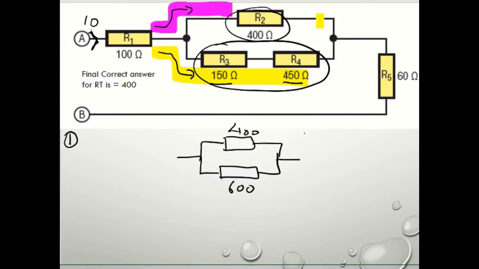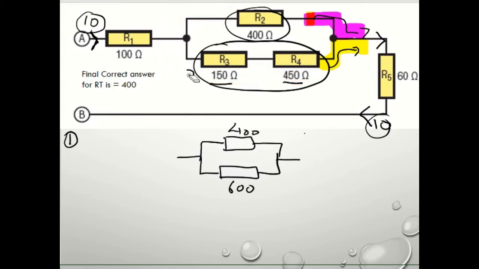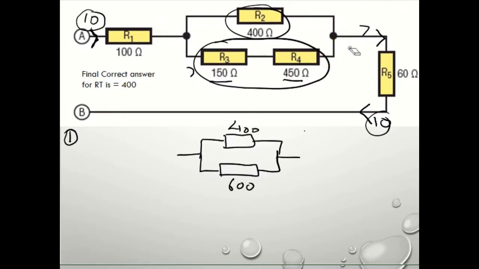But realise that the current there and the current coming back will rejoin here, so that will be 10 amps. We have 10 amps flowing from the supply, and we'll have 10 amps returning to the supply, but the currents split and do certain things, and that's this game of chess that we talk about. So all good, no problem.